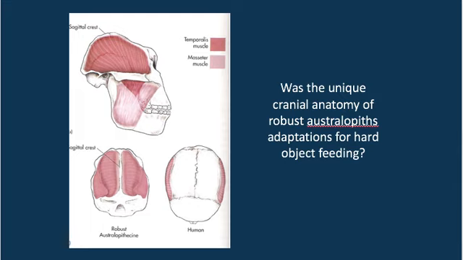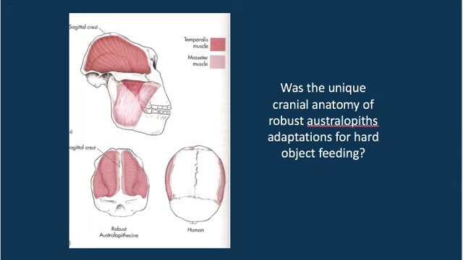Basically there is a hypothesis that these anatomical changes occurred because the robust australopiths were eating something different from their earlier ancestors. They switched to a different ecological niche and started consuming a different type of food that would have been harder to chew up and harder to process. Okay, so that is an introduction to why these robust australopiths look different.